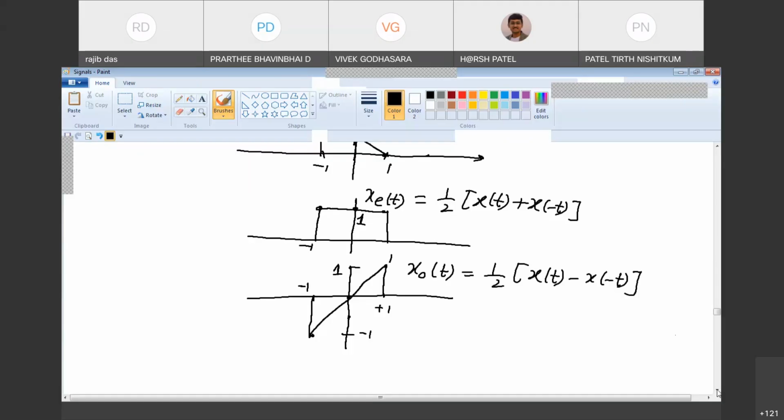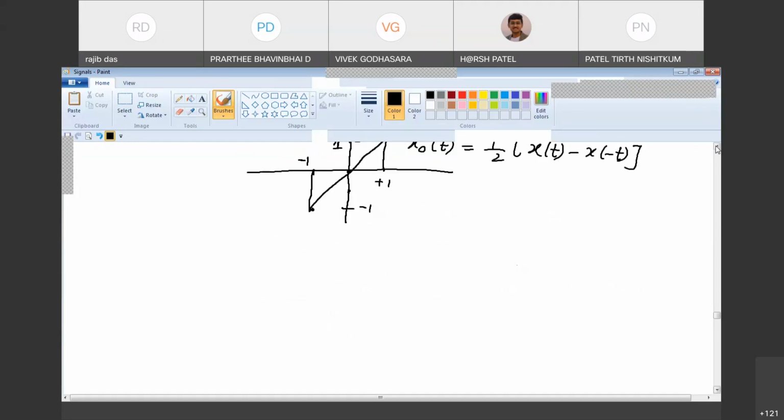Okay. So next, we can move to another type of signals. Signals could be defined as energy signal and another type, we'll call it power signal.